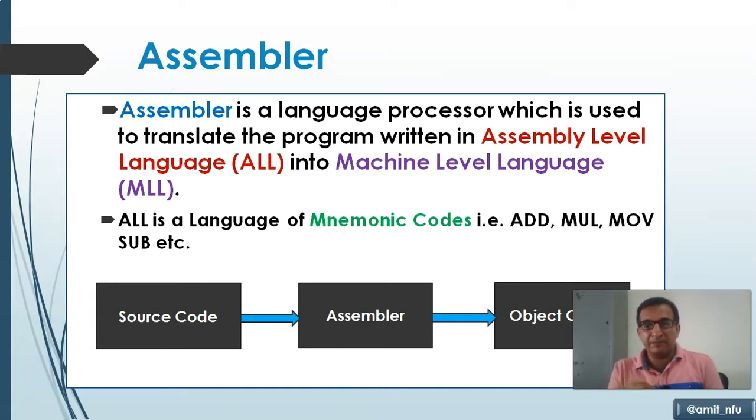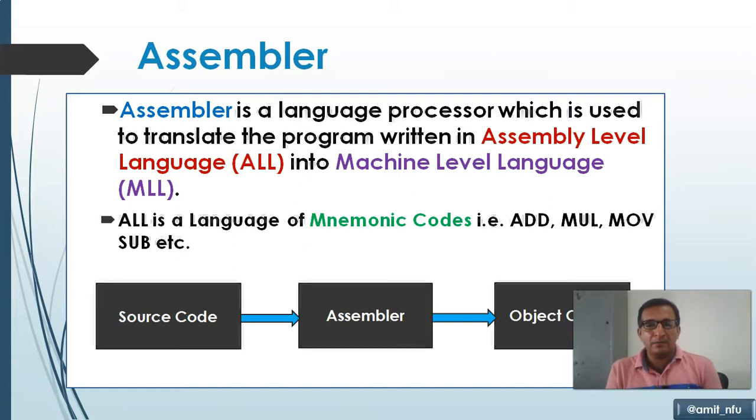If you want to do 6 plus 6, you should know the binary code of 6 as well as of plus. But when the mnemonic codes came, they made the task a little bit easy. They are actually operational codes. Like for addition, you don't have to remember the binary code, but you can press the add button.